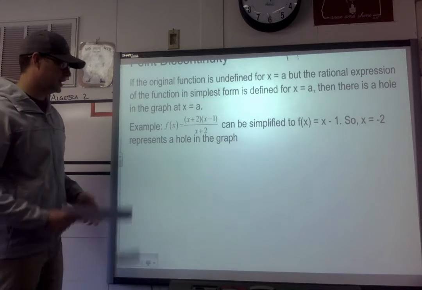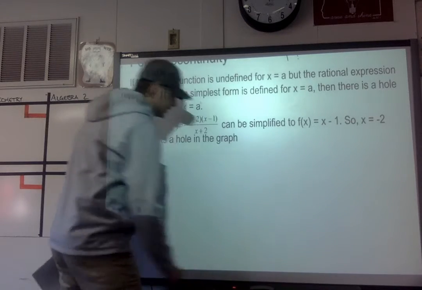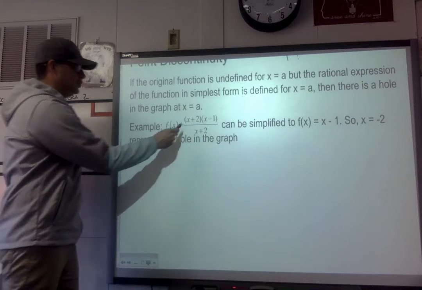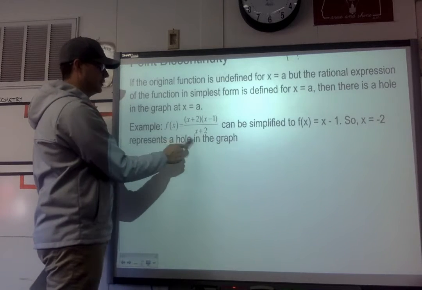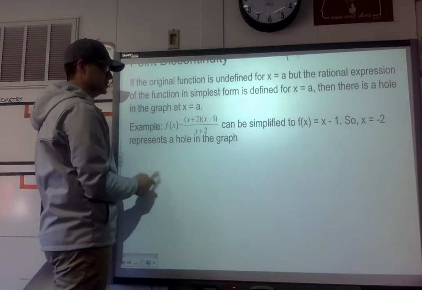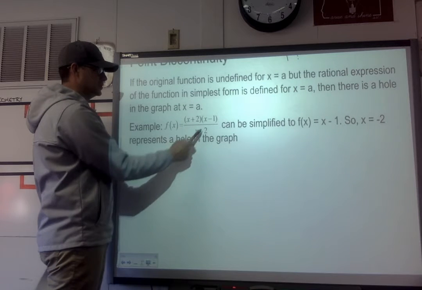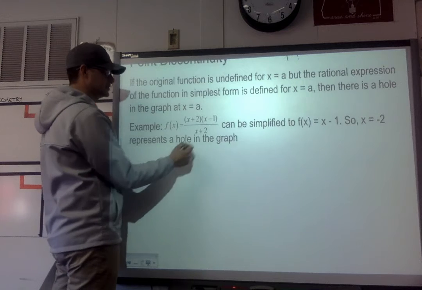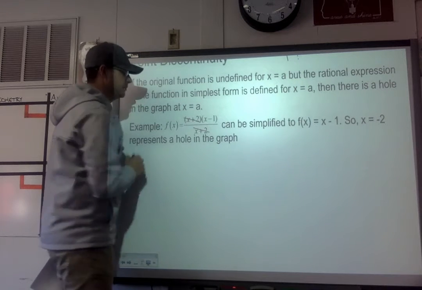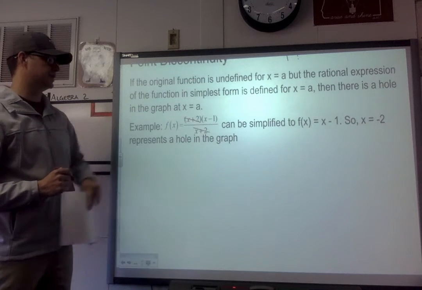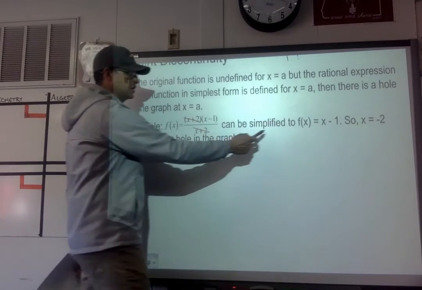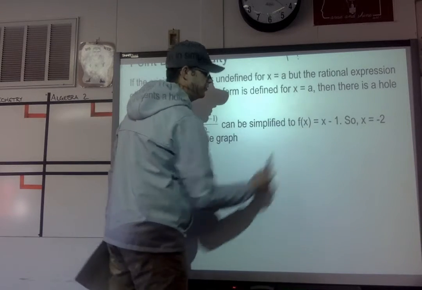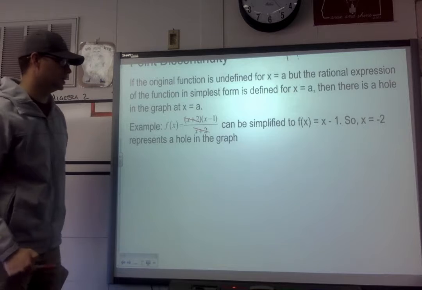The simpler way of saying this is that if you get your rational function factored as much as possible, so here x plus 2 times x minus 1 over x plus 2, this can still be simplified by canceling our x plus 2's, which means that the function is simplified to f of x equals x minus 1.